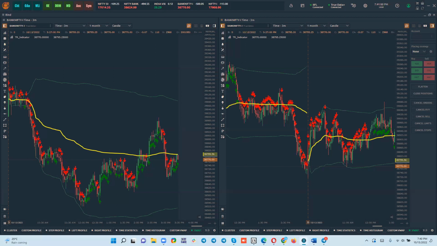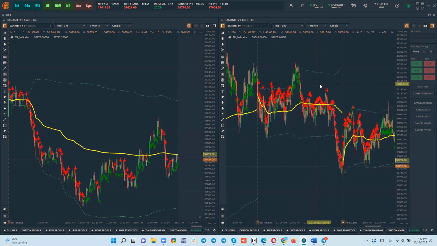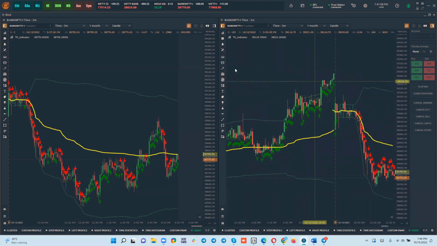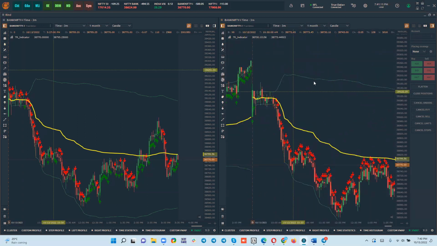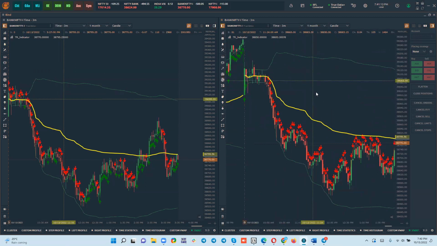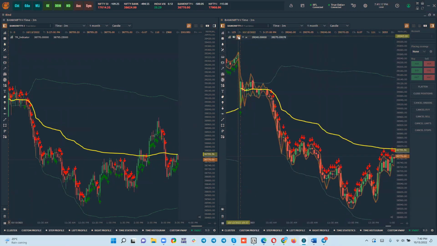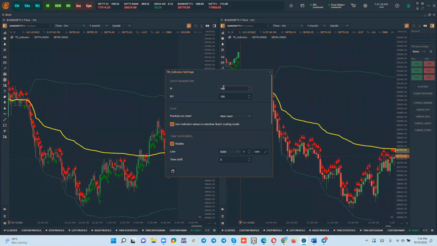Can you explain the left side chart entry and exit logic? Okay, I'll explain this. On the right side, I'm using the trend to know what the trend is, so for this I'm putting a 100 period.